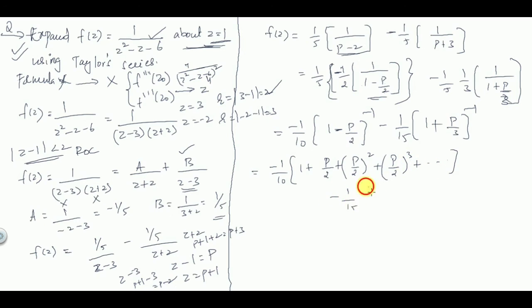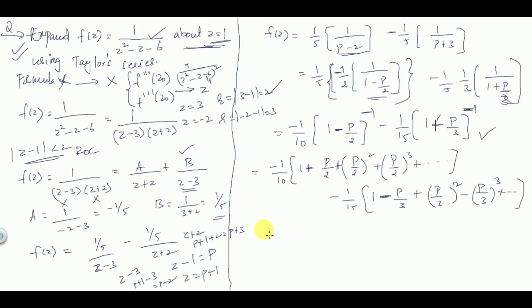Minus 1 by 15 into, with one positive and one negative, you'll get alternating positive and negative signs: 1 minus p by 3 plus (p by 3) whole square minus (p by 3) whole cube plus so on. If you have a positive and negative sign, you get alternating signs; if both are negative, you get all positive terms, because minus into minus is plus. It is only a shortcut to remember, not the actual procedure.